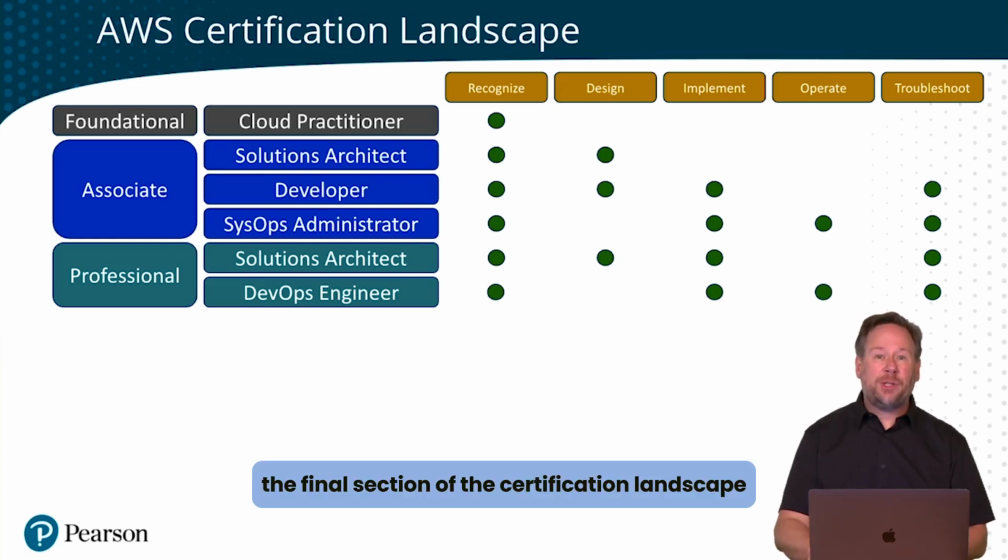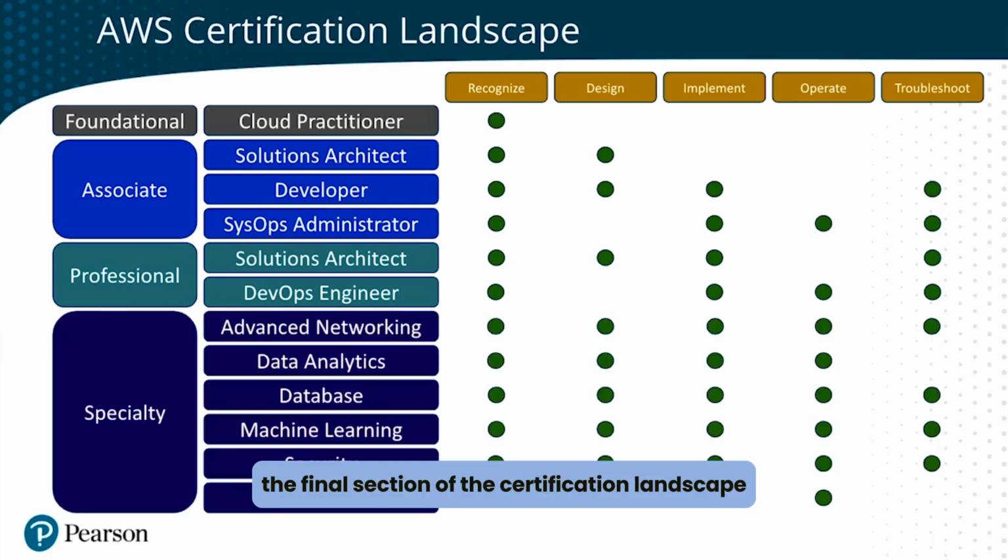The final section of the certification landscape are the various specialty certs. And these tend to have an almost full coverage of all of these different action words, which can make them very challenging.